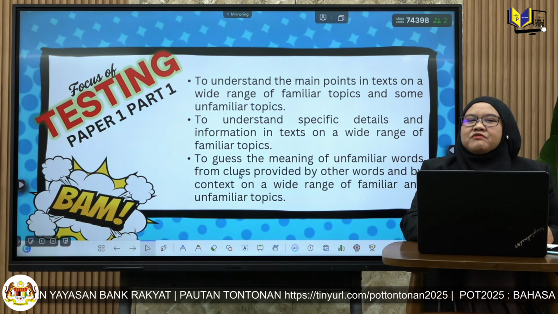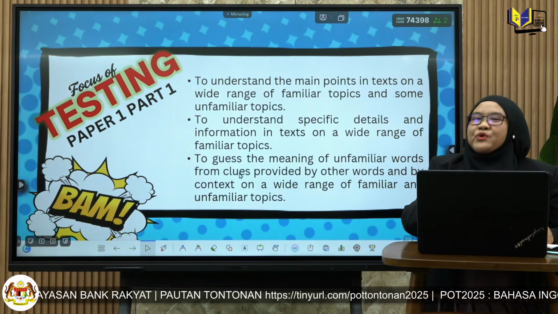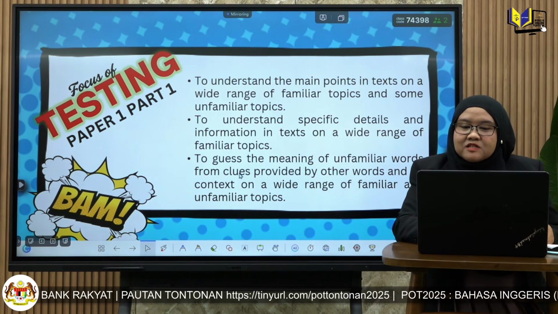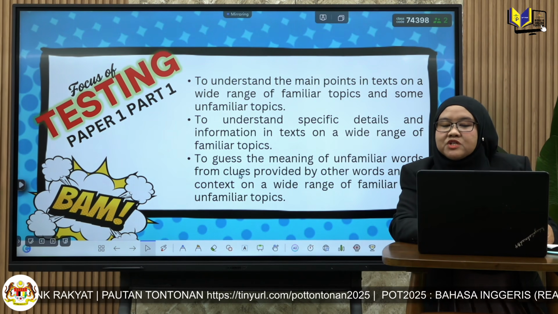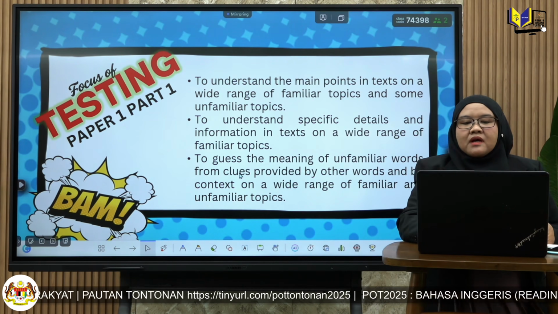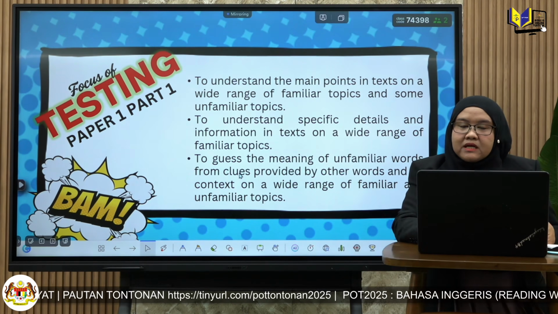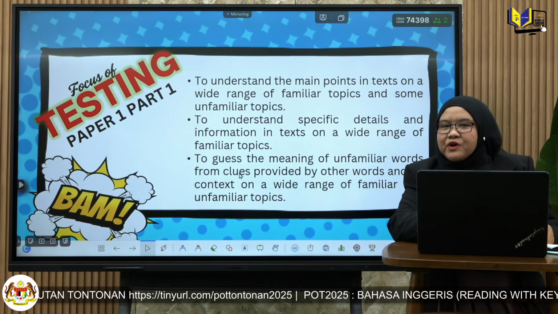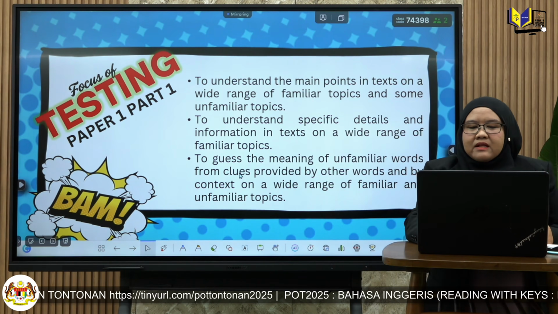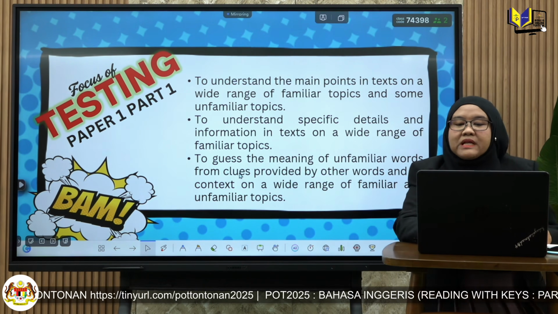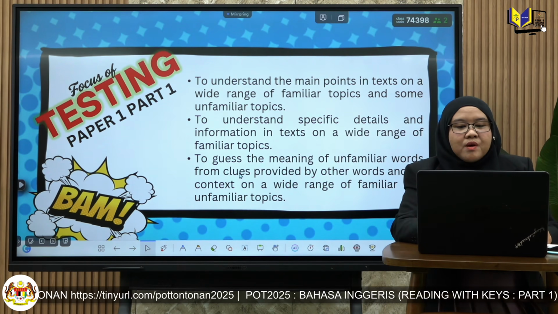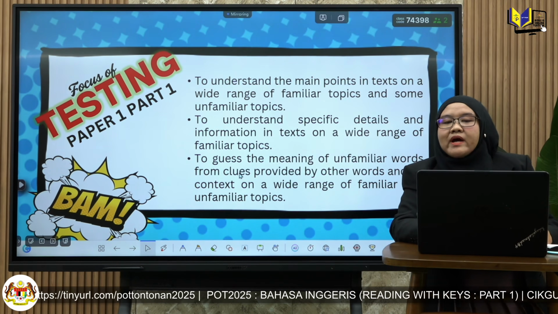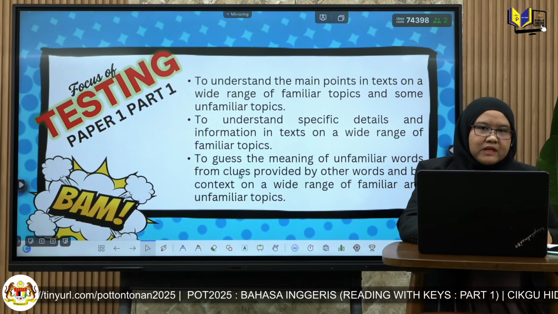The second focus is to understand specific details and information in text on a wide range of familiar topics. Again, familiar topics, so it should not be so hard. And then to guess the meaning of unfamiliar words from clues provided by other words and by context on a wide range of familiar and unfamiliar topics.